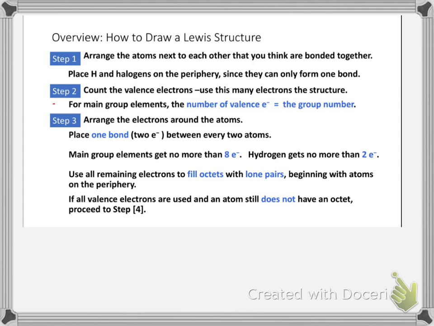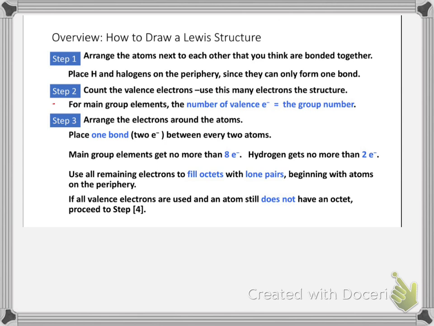The method that I'm using, I did not make up, but I like it because if you follow this method, even when you go to the next level of chemistry, where you will have Lewis structures that have exceptions to the octet rule, following this method, you will be able to determine when there are exceptions. So I think it's a really good place to start.